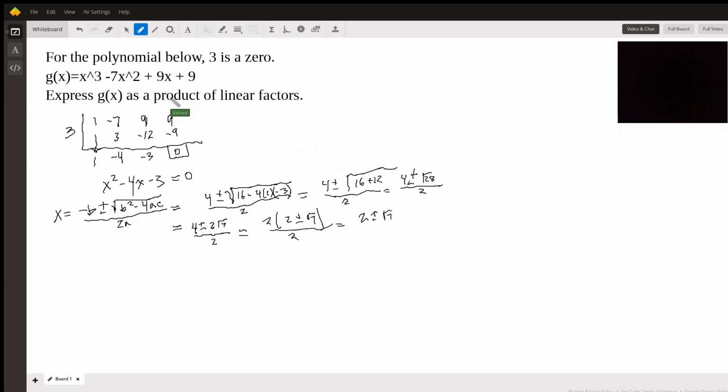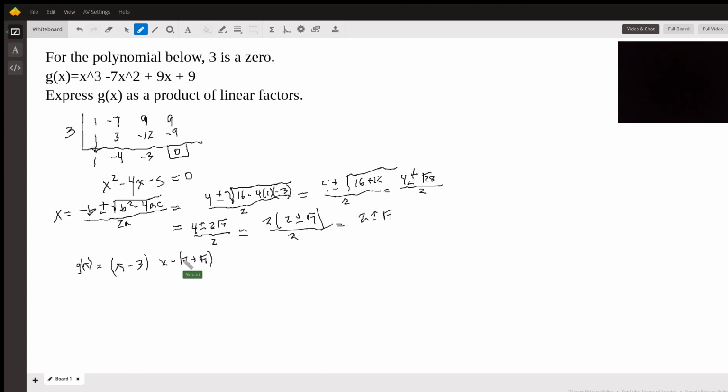But instead, they're asking us to express the function as a product of factors. So if 3 is a 0, x minus 3 is a factor. And let me just write g of x equals here, just to make it clear. So x minus 3 is a factor. The other factors would be x minus 2 plus square root of 7.